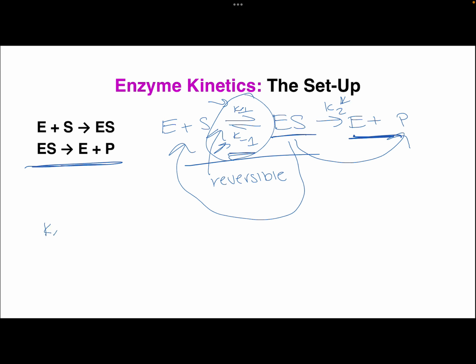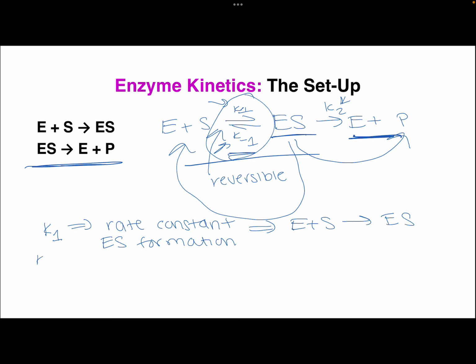So k1 is going to be the rate constant for ES complex formation, so it's going to go with this reaction. Then k minus 1. This is the same step, which is why it's still 1, but it's in the opposite direction, which is why it's negative. That negative is just letting you know it's going in the opposite direction.